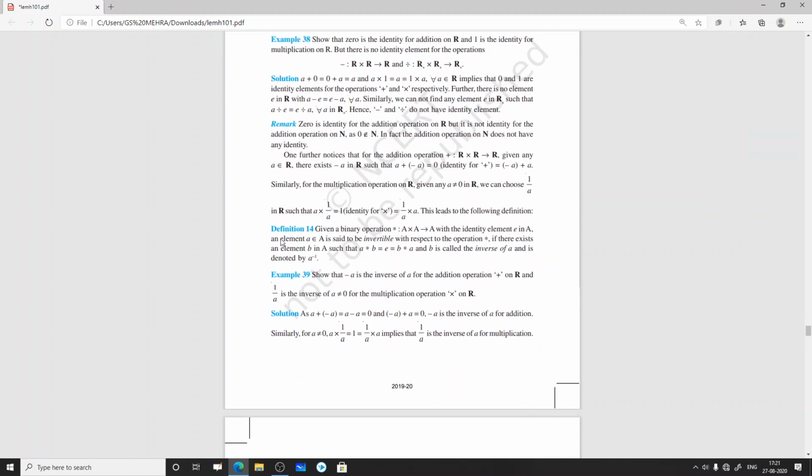Then we go for the inverse element. This is the definition for inverse element of a binary operation. Given a binary operation star, which is a function from A cross A to A with the identity element E in A, an element A belongs to A is said to be invertible.